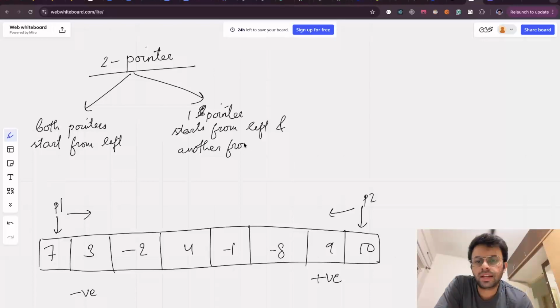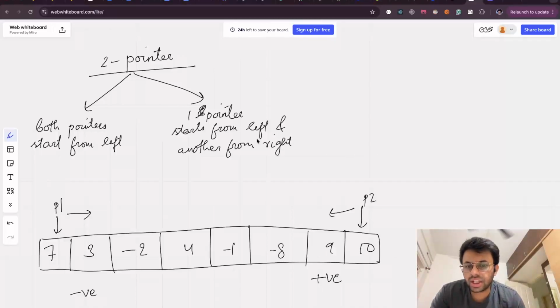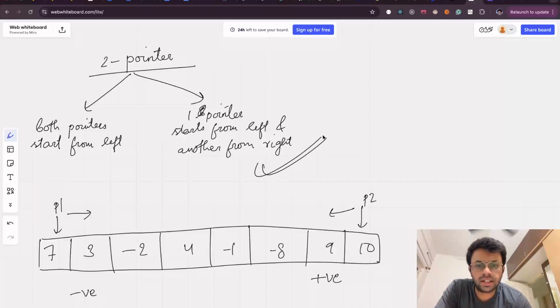And if you remember, this is exactly what we did on day 10, where we had one pointer starting from left and one from right. Now, the exact same question, we will be solving using the other method.